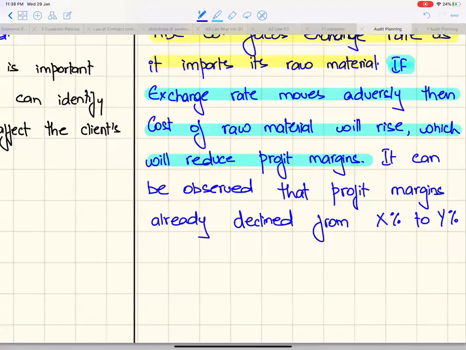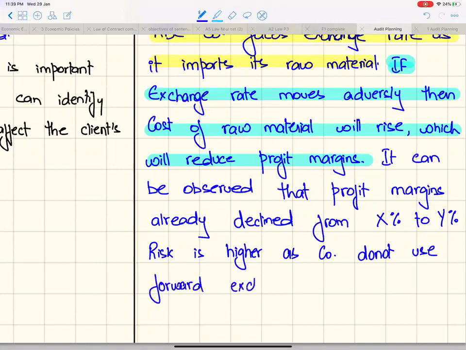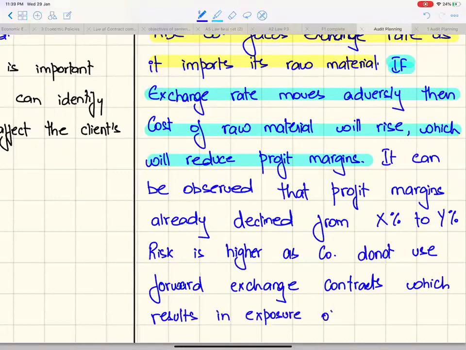Now, for example, if it is written, I'm repeating it again, if it is written in the scenario that the company does not use forward exchange contracts, then my evaluative comment will be that the risk is higher as the company does not use forward exchange contracts, which results in exposure of the company to exchange rate.